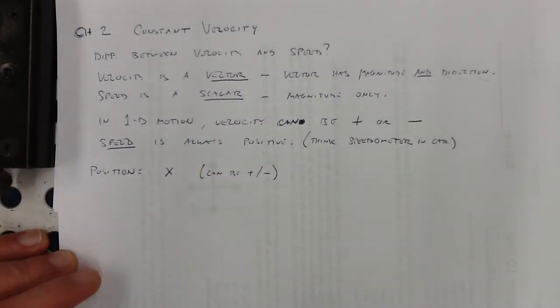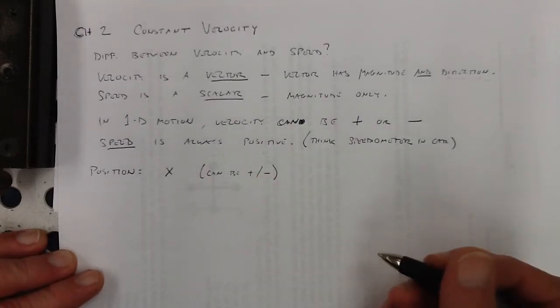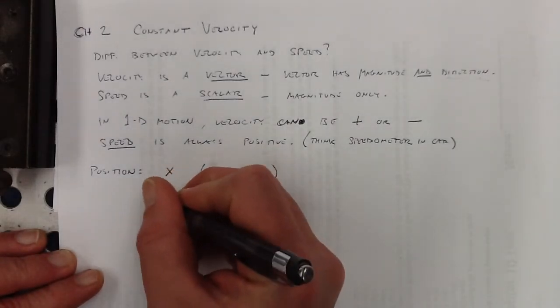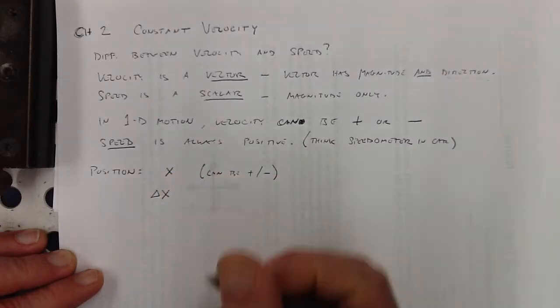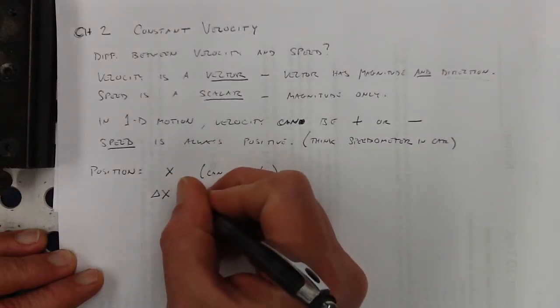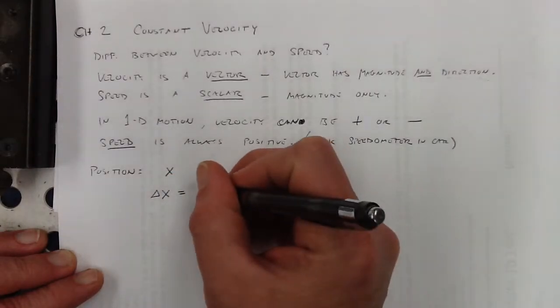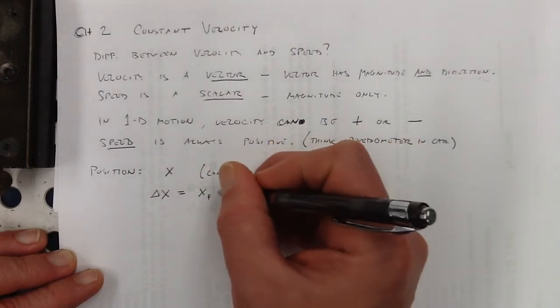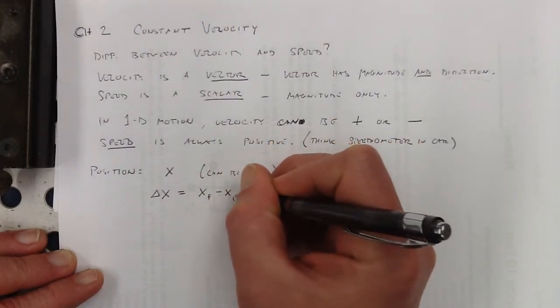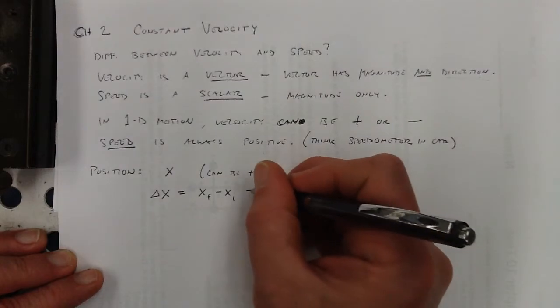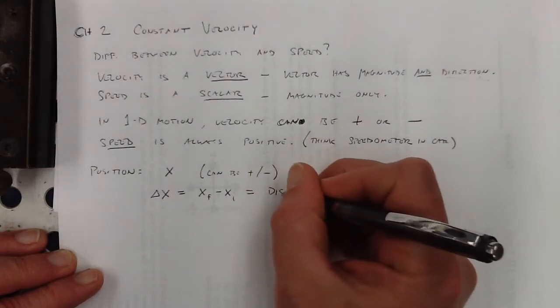So position can be negative. What about this? Delta x, you know about delta stuff. It's the change in. So it'd be like x final minus x initial. And we call that displacement.